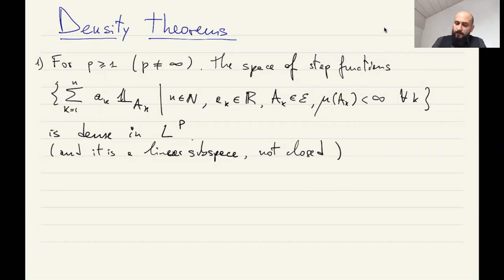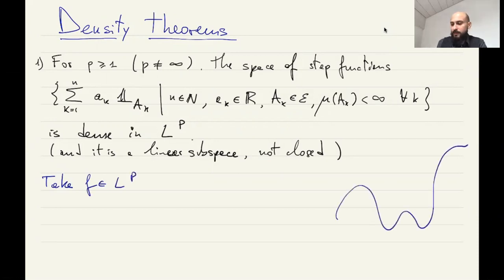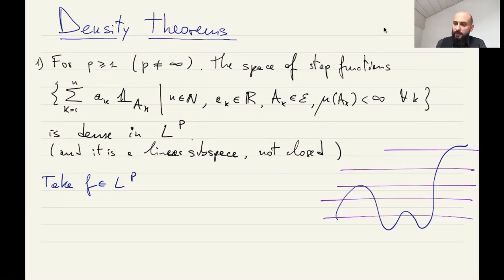But the idea is the following: we take f in LP, and now think of the graph of the function. Now we cut the range in small pieces, and we perturb the function considering the lower level of the function.